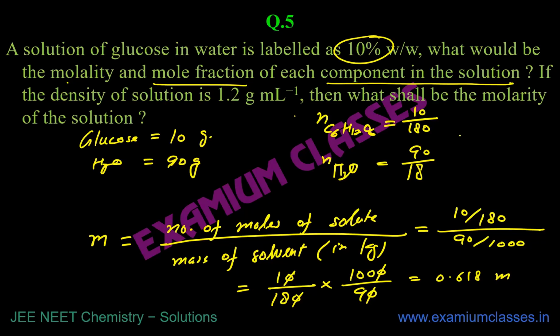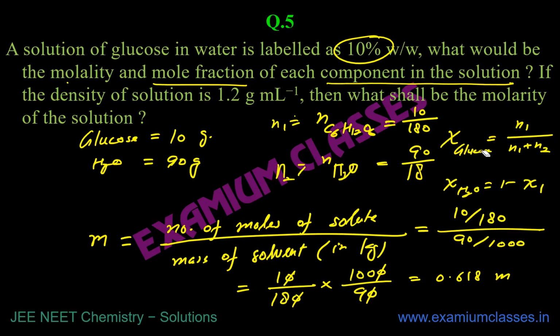So obviously you will have to then apply the formula that the mole fraction of glucose will be N, I would say this N1, and this one as N2. So this one will be N1 divided by N1 plus N2. And mole fraction of H2O will be 1 minus Chi1, this one, glucose.